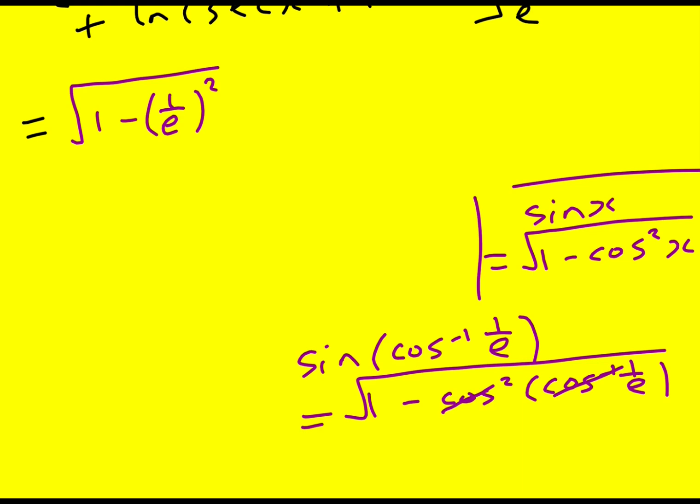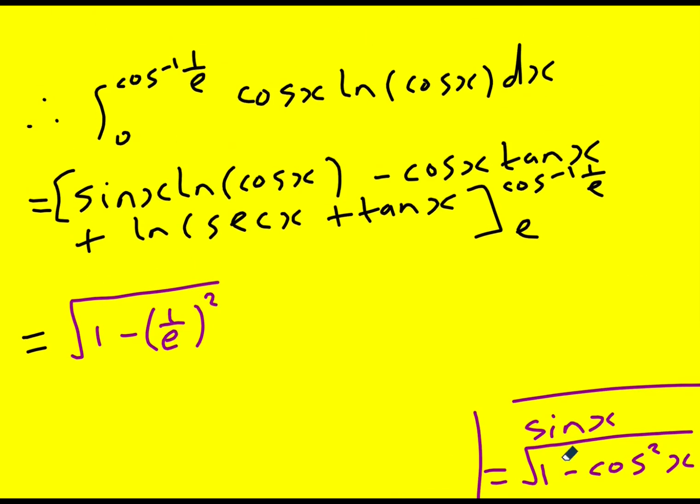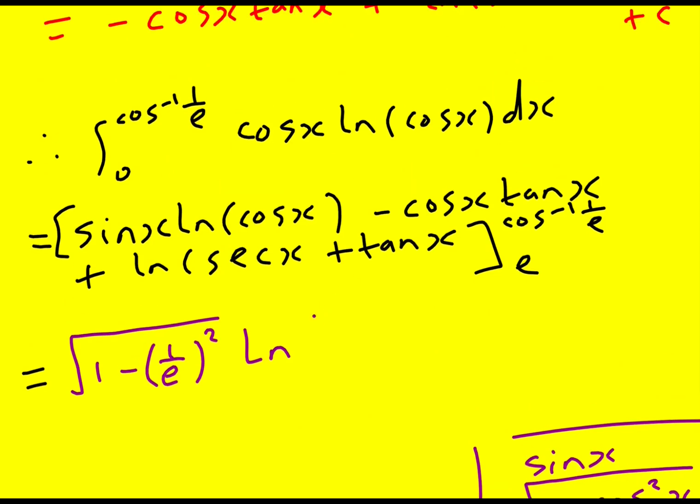Remember, I do those before I then square it. So cos of inverse cos just disappears, and I'm left with then squaring it, so it's going to be 1 over e squared, like I just put. Just trying to explain where that was coming from. Then it's going to be ln cos of inverse cos 1 over e. Again, that's just 1 over e.